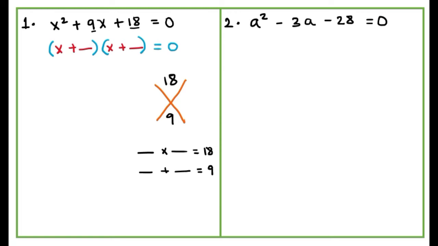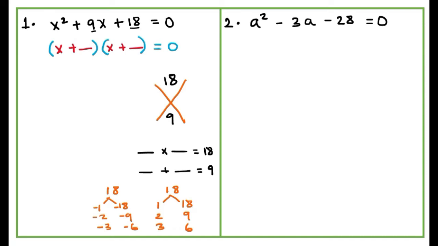And you see that to come up with 18, we can have 1 and 18, 2 and 9, 3 and 6. Or we can have -1 and -18, or -2 and -9, or -6 and -3.